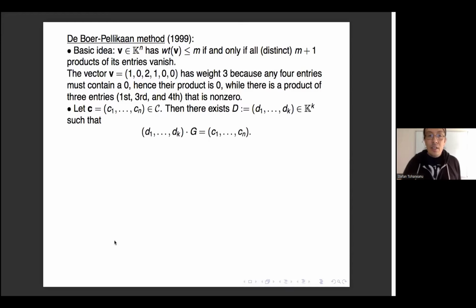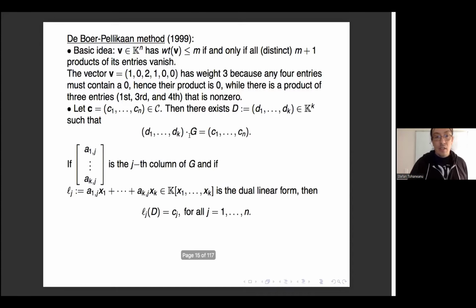So now translating this back to our linear codes. We have to look for weights of code words, right? But every code word is the image of that linear map, so it's another vector times the generating matrix. And now we can translate this operation of product into a more pleasant shape.